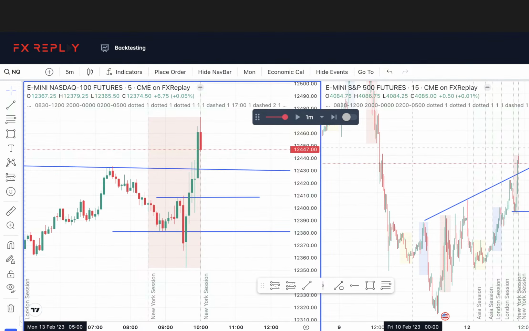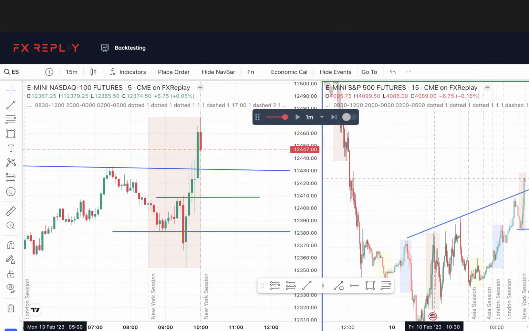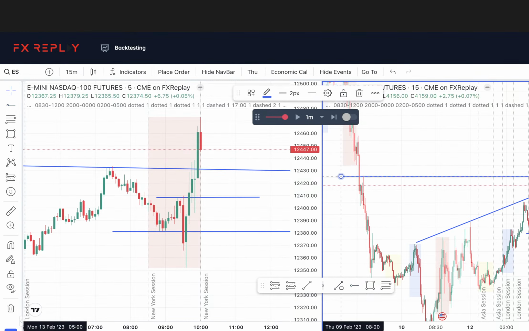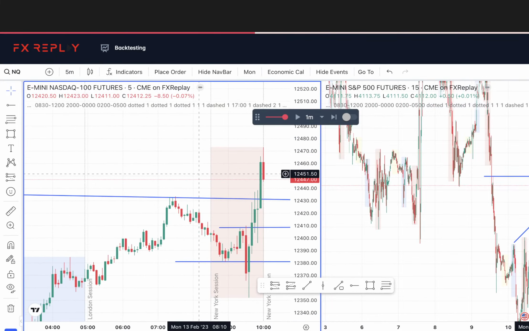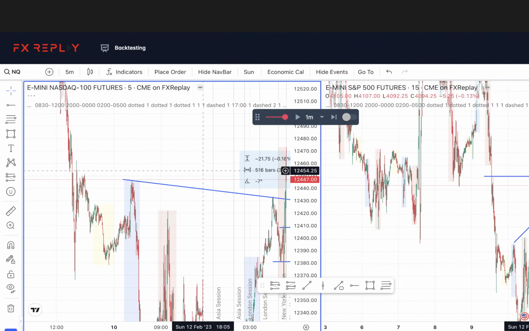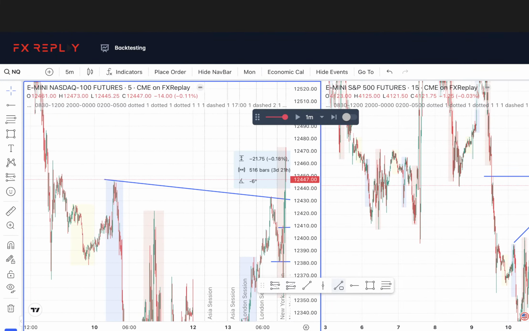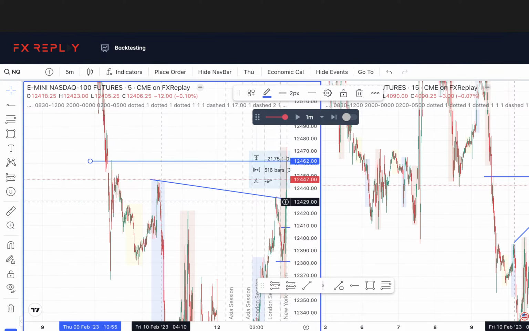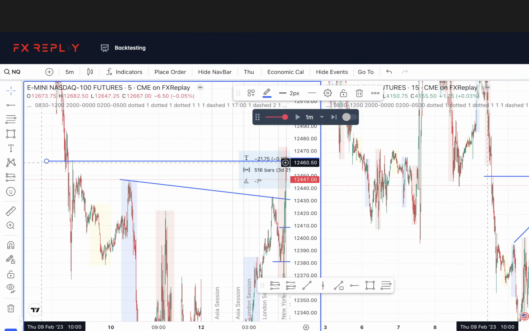ES already took out this liquidity. Is it gonna reverse from here? I don't know. It could keep going. Maybe the SMT wasn't that strong. This is the day I don't know.